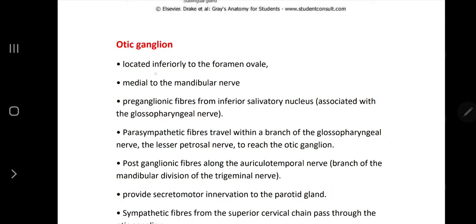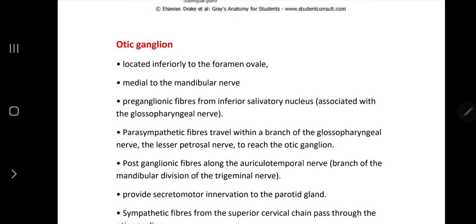The otic ganglion is located inferior to the foramen ovale, medial to the mandibular nerve. Preganglionic fibers from the inferior salivatory nucleus associated with the glossopharyngeal nerve travel within a branch of the glossopharyngeal nerve, the lesser petrosal nerve, to reach the otic ganglion.